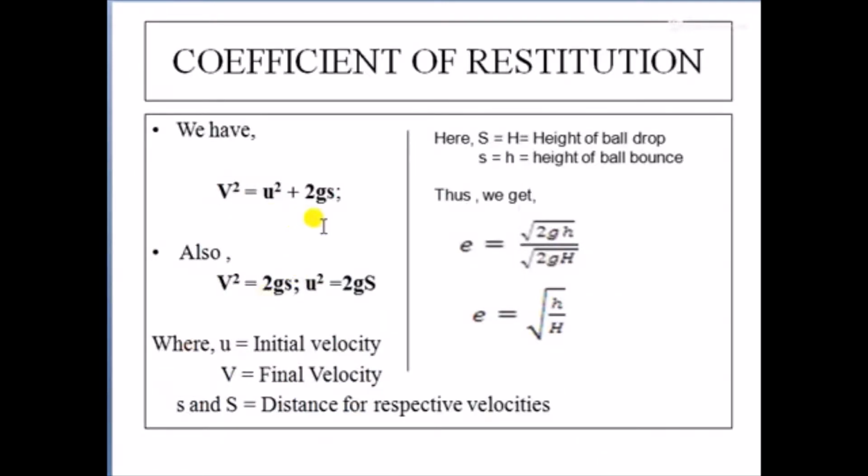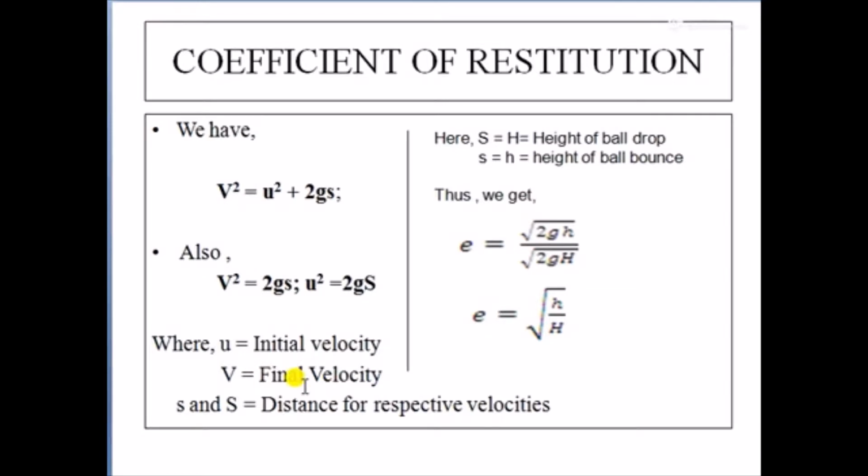We have learnt a formula v square is equal to u square plus 2gs from our childhood in kinematics. Another formula was learnt as v square is equal to 2gs, where v is the final velocity after impact, u is the initial velocity before impact.